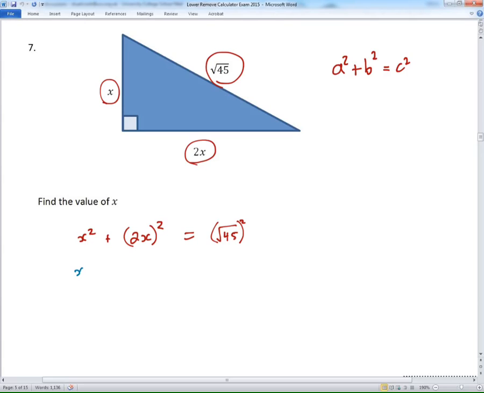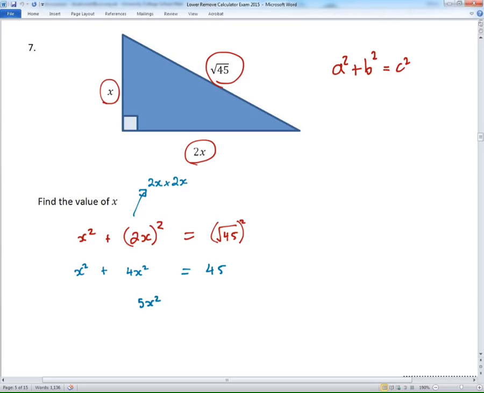Okay, simplifying some of these terms, we'll keep that as x squared. Now 2x all squared is 2x times 2x, which is 4x squared. And root 45 squared is just 45. So a lot of people mistakenly wrote this as x squared plus 2x squared rather than x squared plus 4x squared.